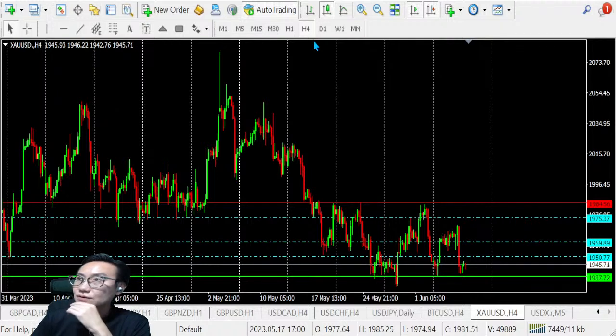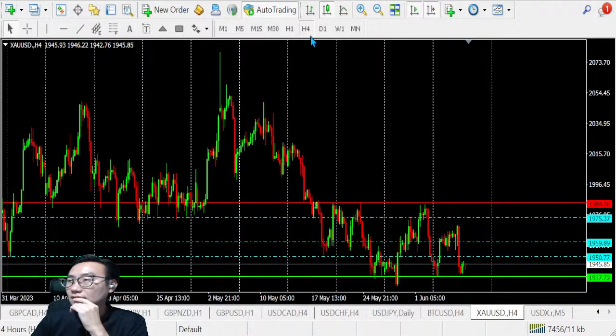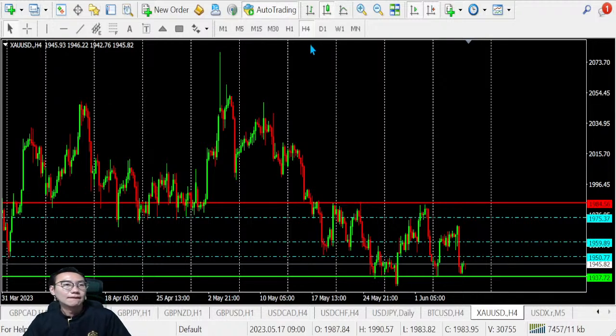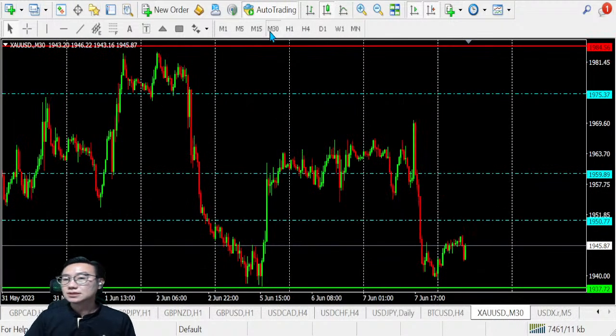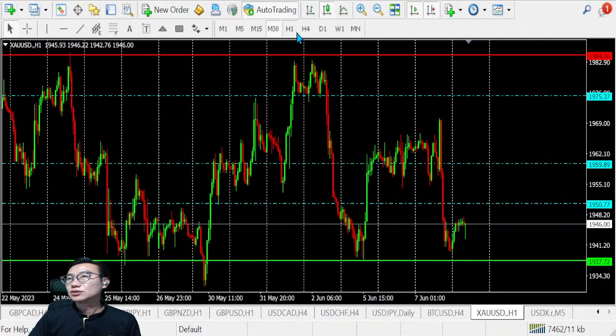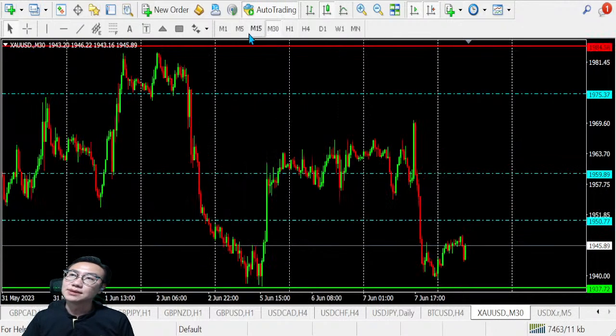I will say that for now, the gold should be looking out to buy. So the gold should still be on the buy side, but no selling.